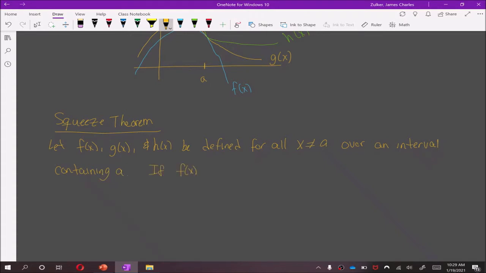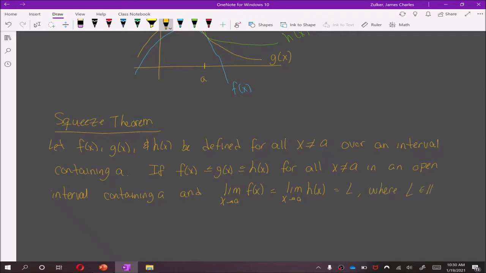If f of x is less than or equal to g of x, which is less than or equal to h of x, for all x that is not equal to a in an open interval that contains a, and we have the limit as x approaches a of f of x equal to the limit as x approaches a of h of x, and we'll say that equals some value L, where L is obviously a real number, then we can conclude that the limit as x approaches a of g of x must also be L.